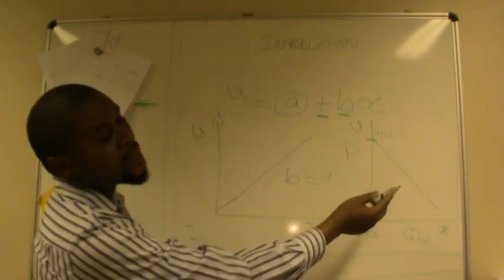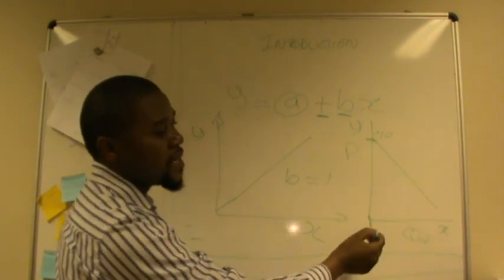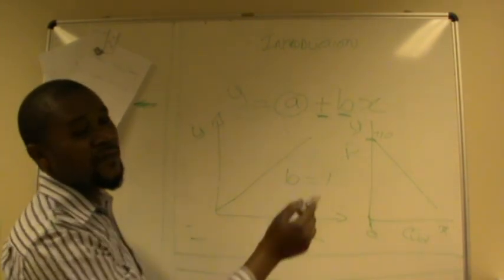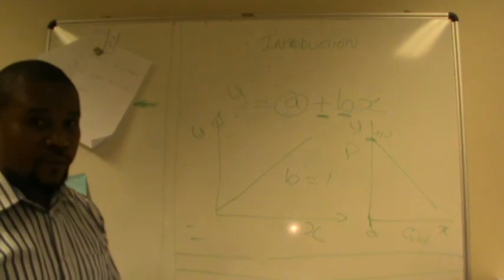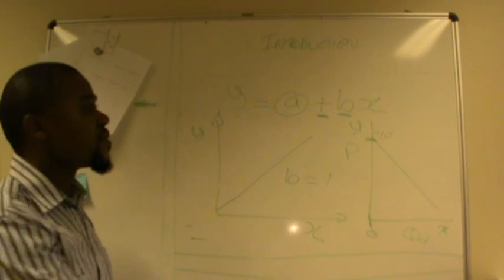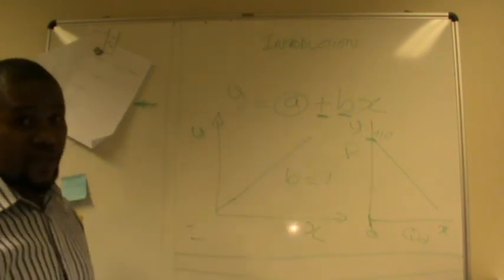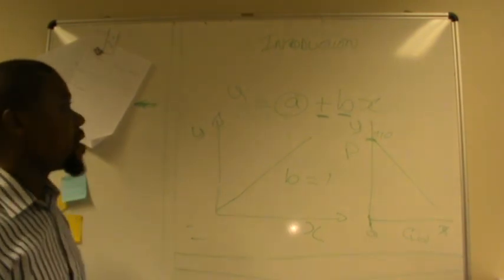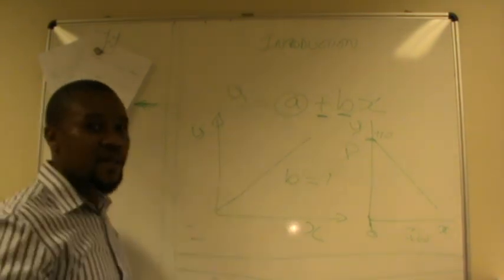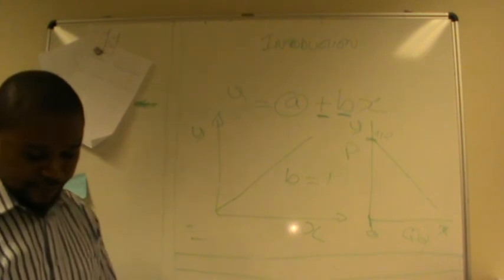Or it could be a -1 relationship, where a 10% decrease leads to a 10% increase, in the case of a negative slope. So those slopes are very important. That slope is very important for us in economics, and we often look for that slope, which tells us what the relationship is between the variables that we're looking at, as well as that intercept. That in many cases becomes an important concept to look at.